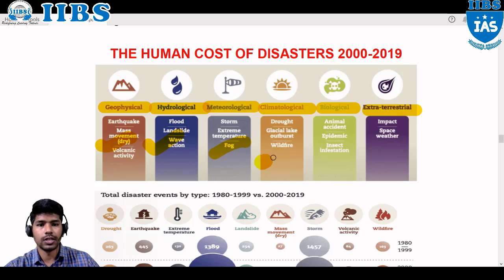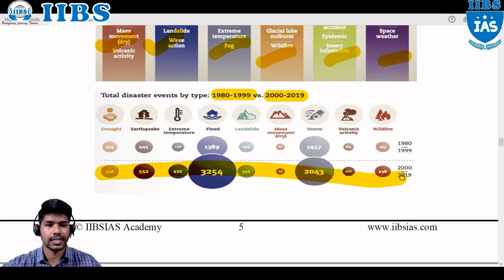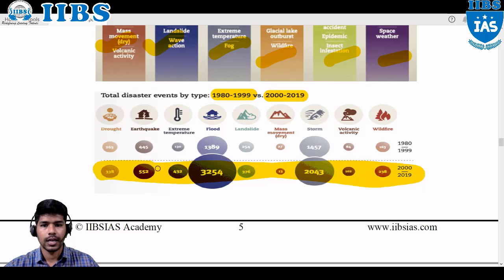You can see the image here showing in which areas disasters are happening. When you compare the data from 1980 to 1999 with 2000 to 2019, you can see an increase in all types of disasters over the years 2000 to 2019.